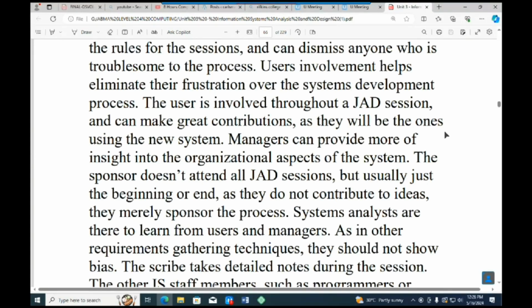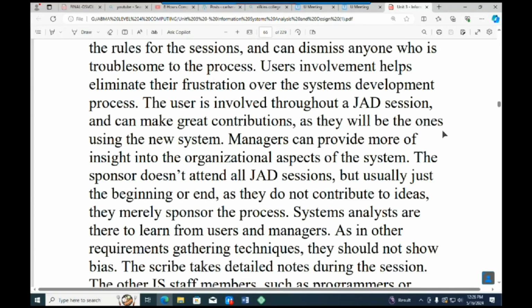The sponsor of the project does not really attend the JAD sessions, but they can contribute ideas, usually at the beginning or at the end of the project, when they can be present and contribute some ideas.